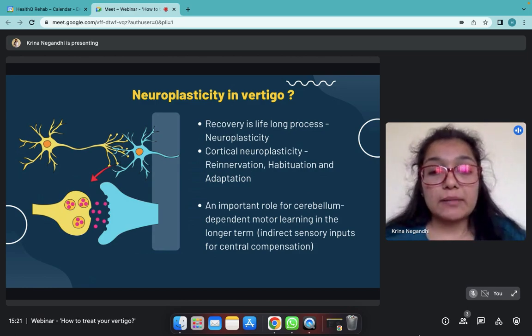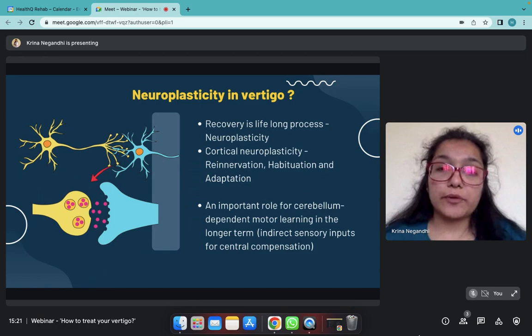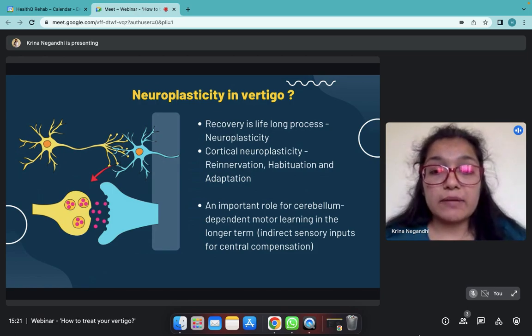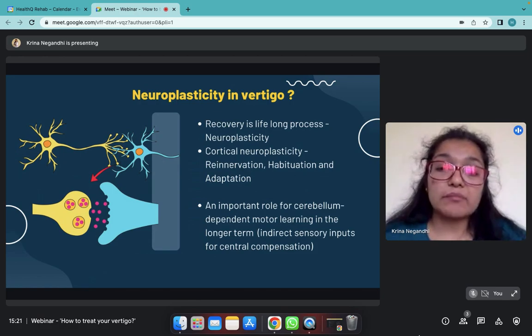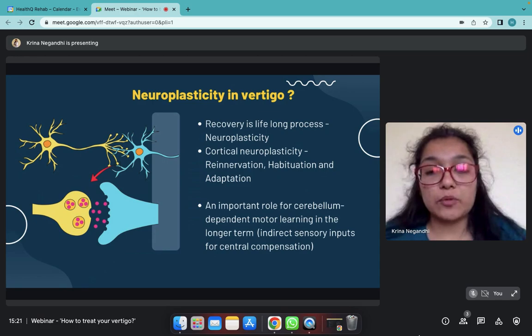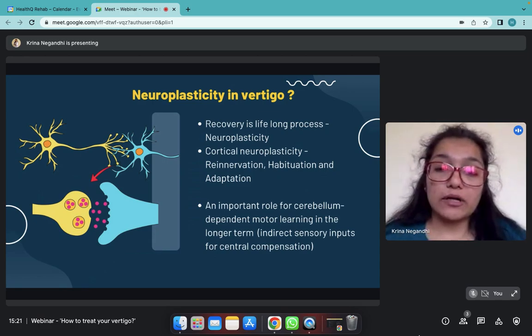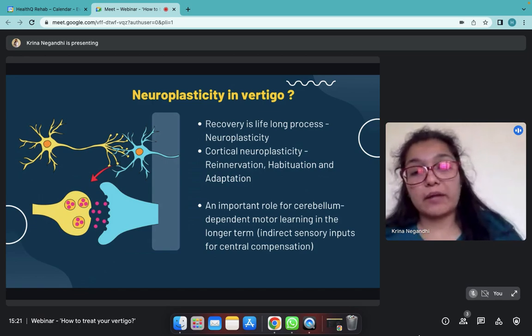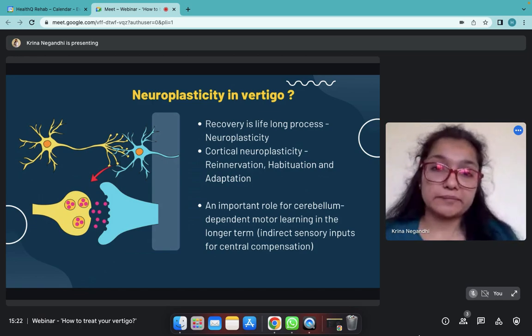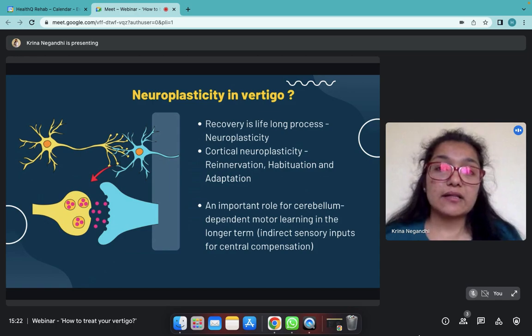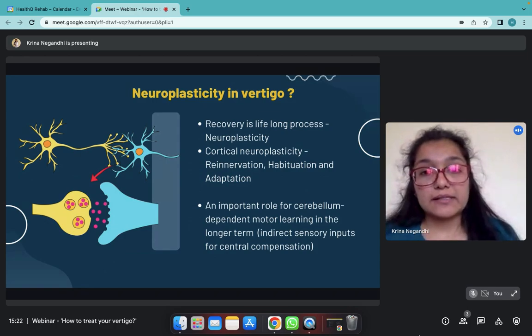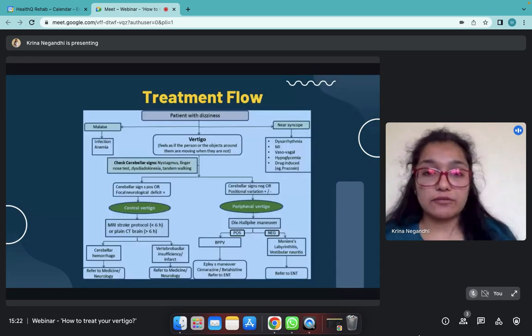Cerebellar-dependent motor learning is a long-term process, as the central feedback doesn't have direct pathways or direct sensory inputs; it always relies on indirect sensory inputs. Thus, central compensation takes a longer period of time to recover its motor learning. Hence, vertigo and neuroplasticity can be treated in such a flow.